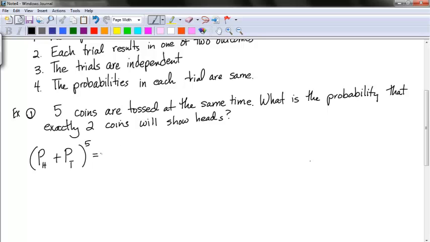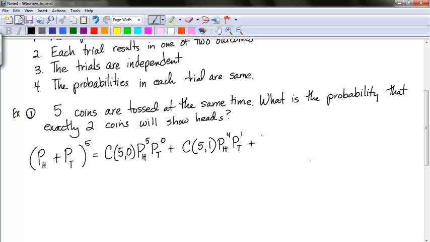When I start expanding this one, if I do combinations of 5 coins taken 0 at a time, probability of heads 5, probability of tails 0. Okay, then I do combinations of 5, 1, probability of heads 4, probability of tails 1. And I want to get exactly 2 heads.